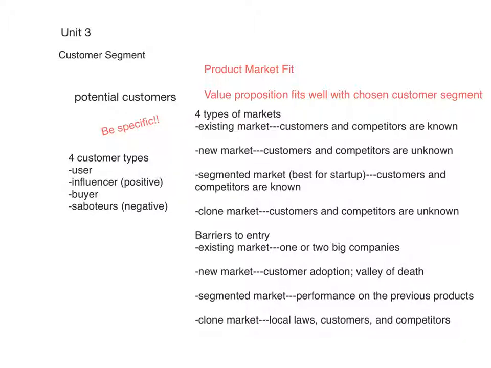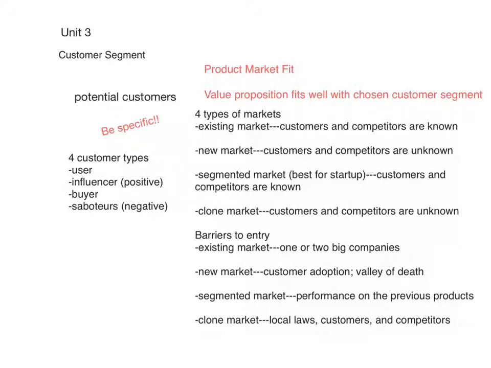You also have to know the local laws and regulations for the clone market, because it means opening a new company in a foreign country. The barrier for the existing market is that there are one or two big companies, so you have to compete with them. For a new market, it is customer adoption, so whether customers will love your product or not.